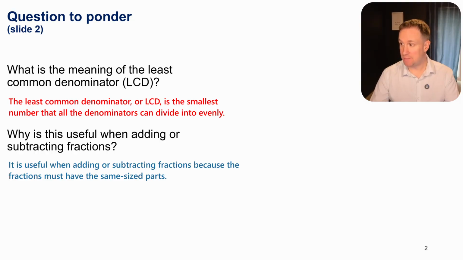So for example, if I had the fractions 1/2 plus 1/4, currently this is not in the same size denominator, right? The same size denominator for 1/2 and 1/4 would be in fourths.